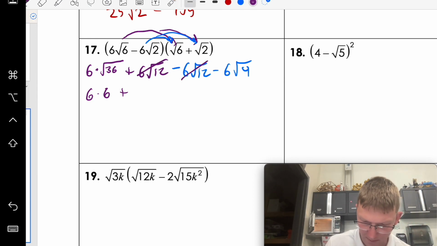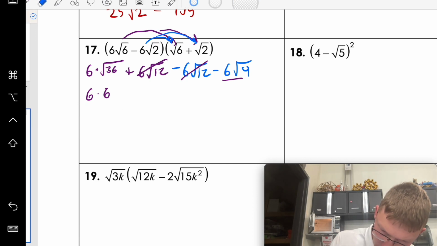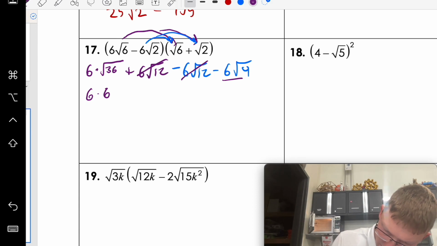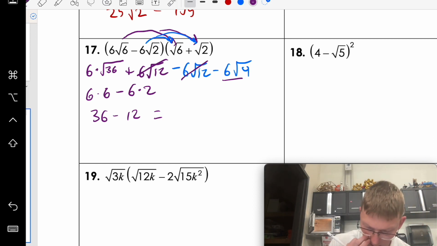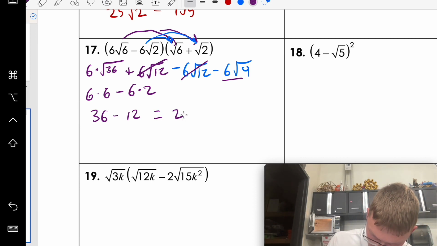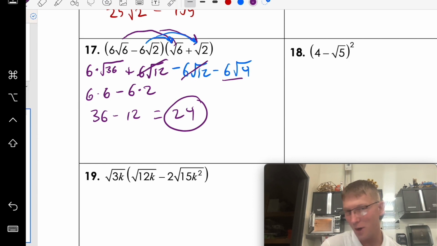That's convenient. And then this guy, we're going to do minus 6 root 4. Root 4 is the same as 2, so that's going to be minus 6 times 2. It means we're going to have 36 minus 12, which means it is going to be 24. See, isn't that a nice, happy answer for such a complicated problem?